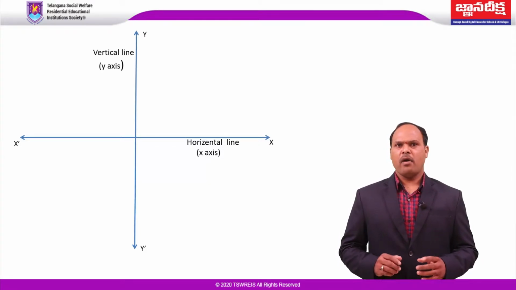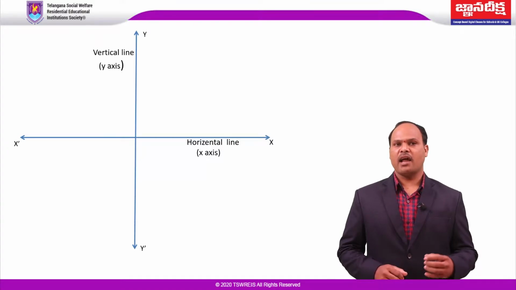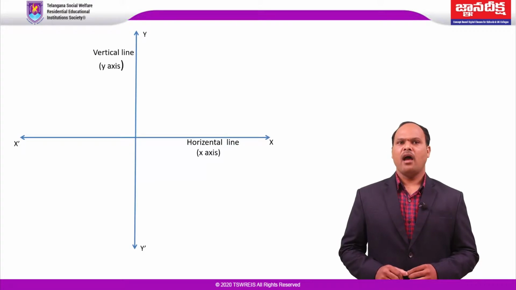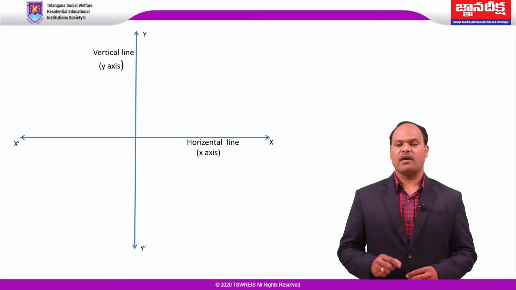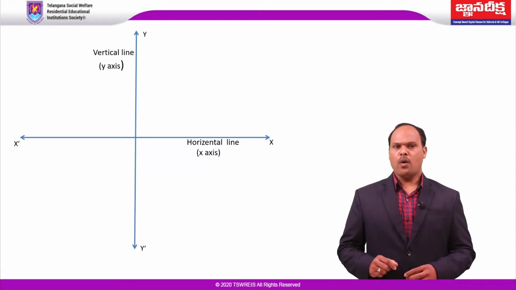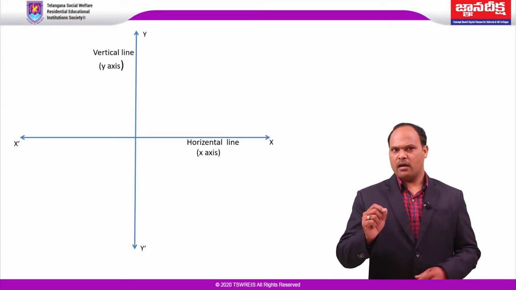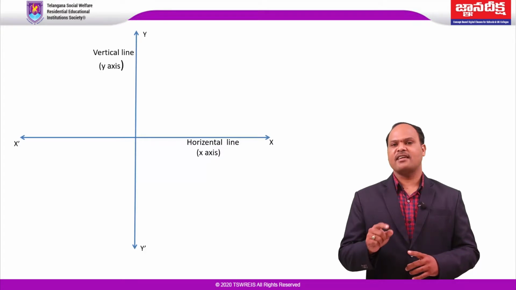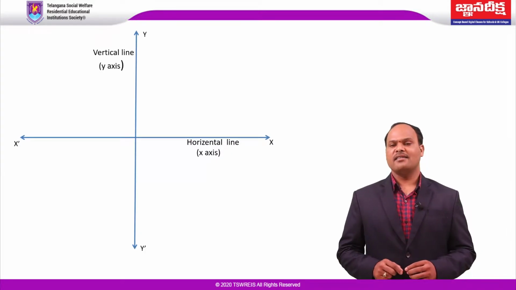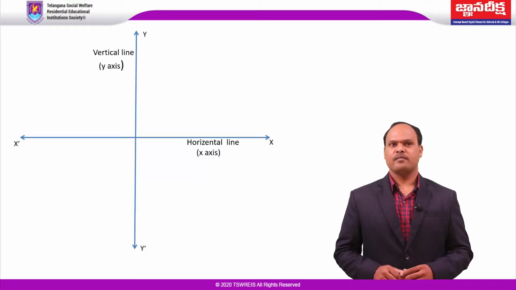The coordinates of a point on the x-axis are of the form (x, 0), and of a point on the y-axis are of the form (0, y). Now coming to the coordinates of the point which is the intersection of x-axis and y-axis, origin. The coordinates of origin are (0, 0).